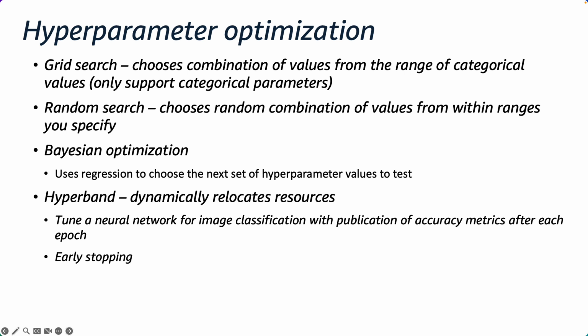hyperparameter tuning uses an Amazon SageMaker implementation of Bayesian optimization. When choosing the best hyperparameters for the next training job, hyperparameter tuning considers everything it knows about the problem so far. Sometimes it chooses a combination of hyperparameter values close to the combination that resulted in the best previous training job to incrementally improve the performance.